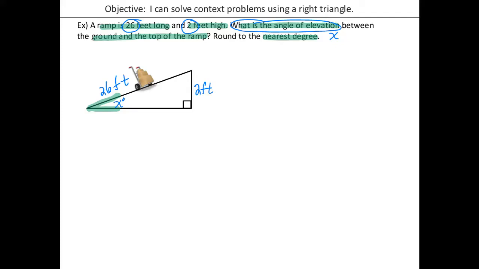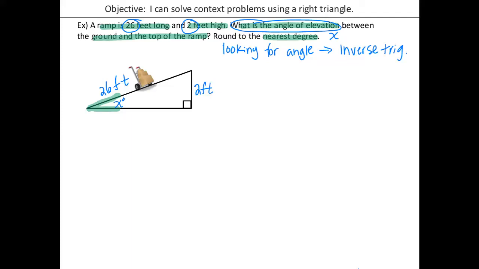Notice this time I'm looking for an angle. So because I'm looking for an angle, I'm going to have to use inverse trig this time. Okay? On the last two examples, we had to do just regular trig because we were looking for a side.